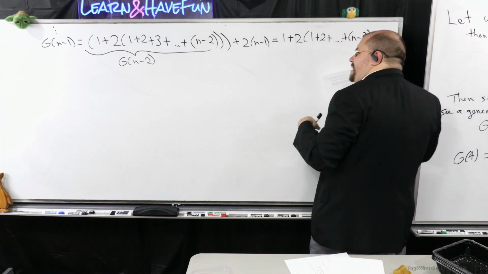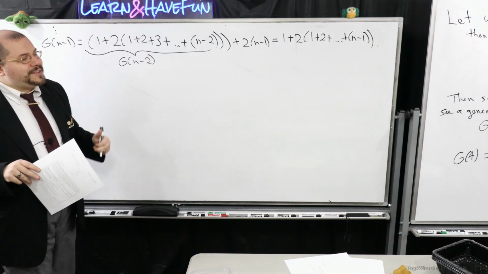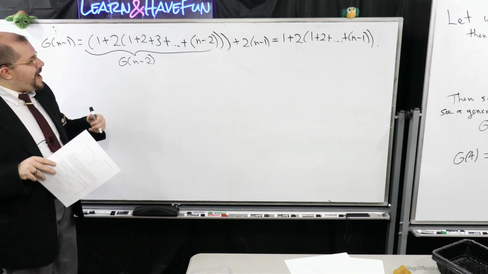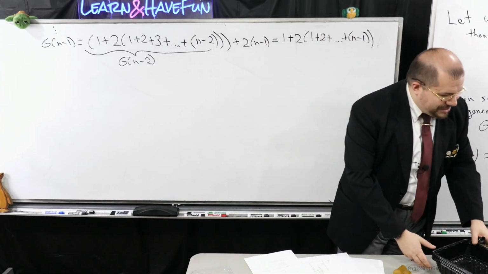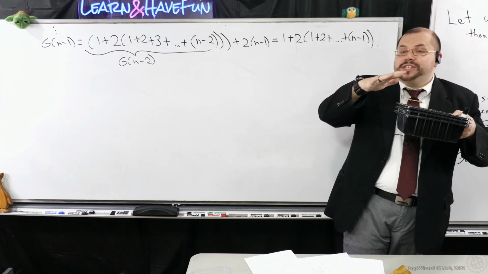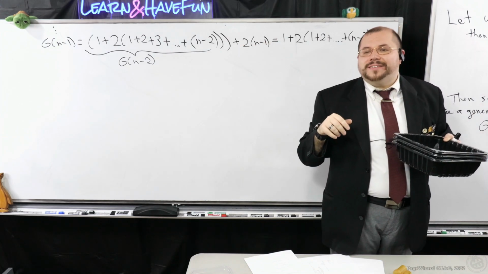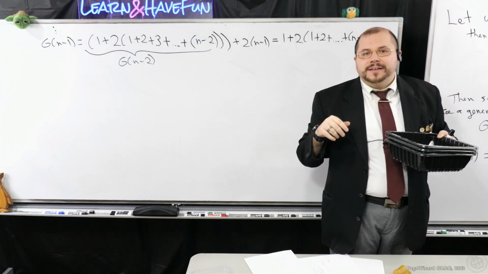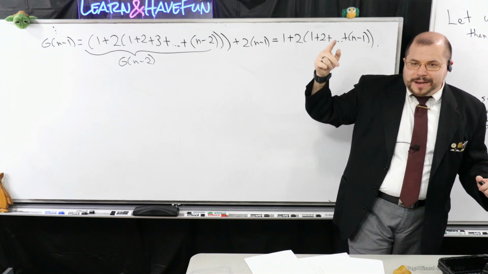Now, do you see a general pattern now? Does it stick out like a sore thumb now? What was I doing? Remember, every time I took my bucket, I applied one of these equations when I did the substitution. It is just 1 plus 2 times whatever the something is for the input of the equation, right? So each one of them starts at n and works its way down to 1.